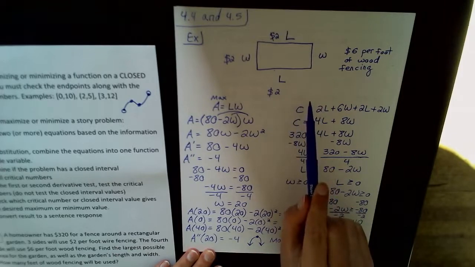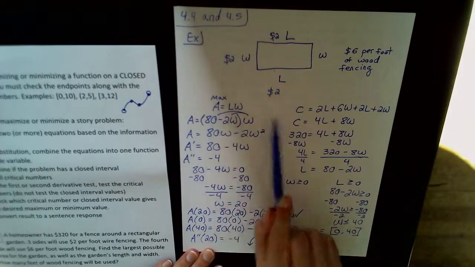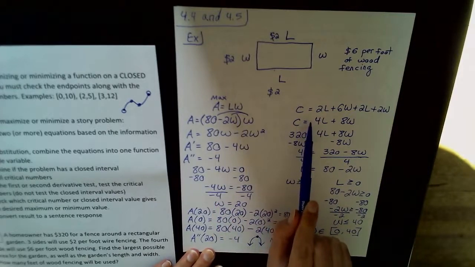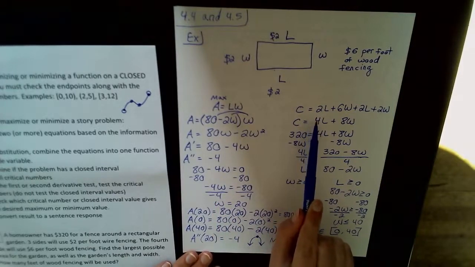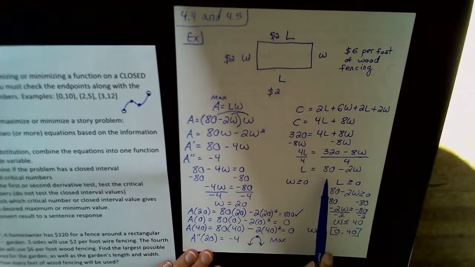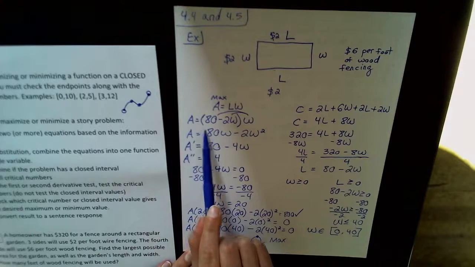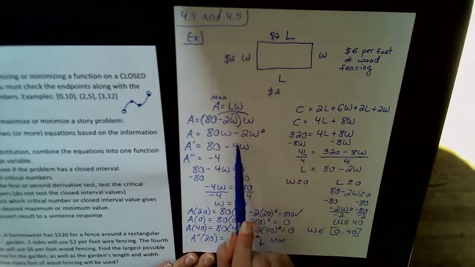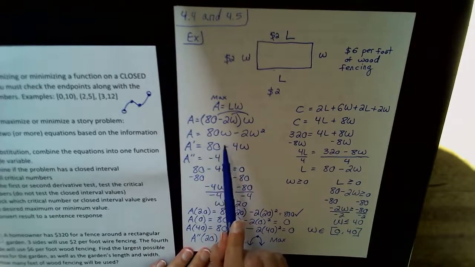Once you do that, you're going to set up whatever equations that you need, how we set up the area and cost equations, so that you can combine them, generally with substitution, to create one cost function or one area function or whatever you're working toward maximizing or minimizing.